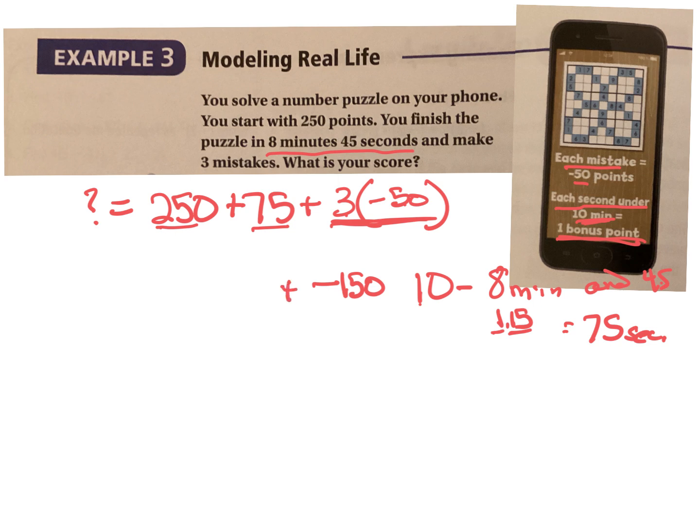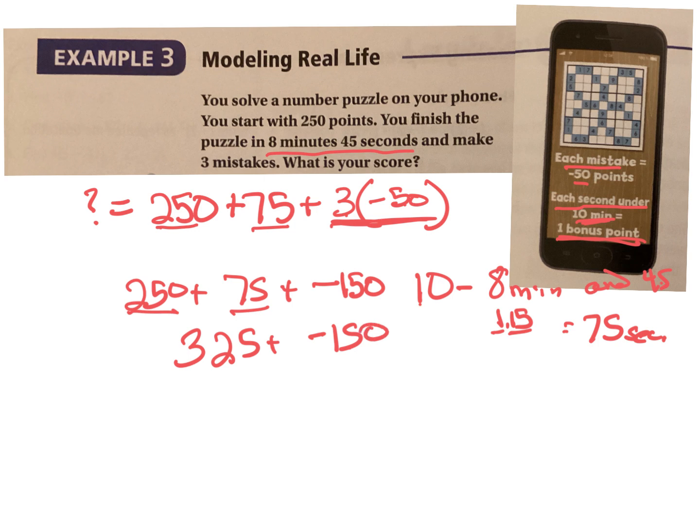Then I bring everything else down. 75, 250. Okay. Now I'm going to add the 250 plus the 75. When I do that, I get 325 plus a negative 150.